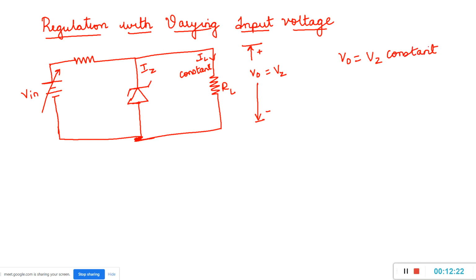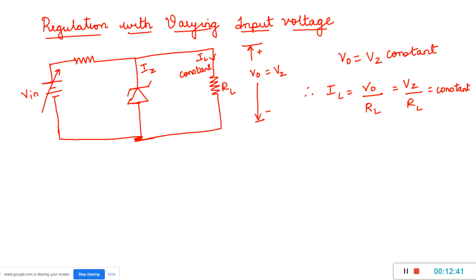Therefore, IL is equal to V0 by RL. V0 is Vz, RL is also constant, Vz is also constant, so I will get some constant value of IL.